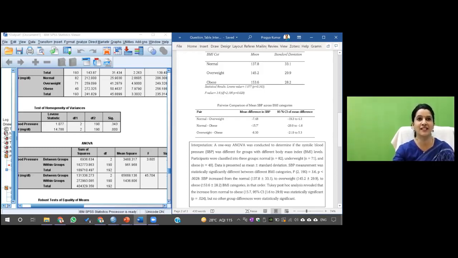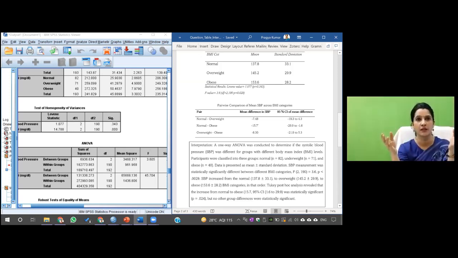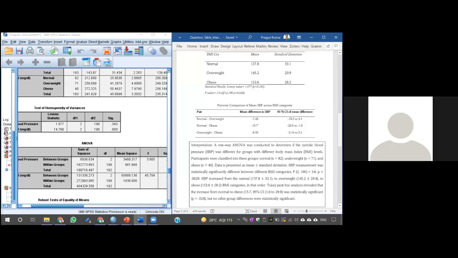Actually, the 6 pairs which you have seen, that is lower minus higher or higher minus lower. You know, software doesn't know whether to do lower from higher or higher from lower. It takes all the 6 into account. If you write normal overweight or you write overweight and normal, it is just the reverse of the sign. Did you get that?